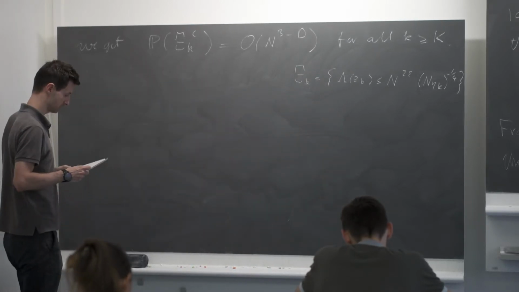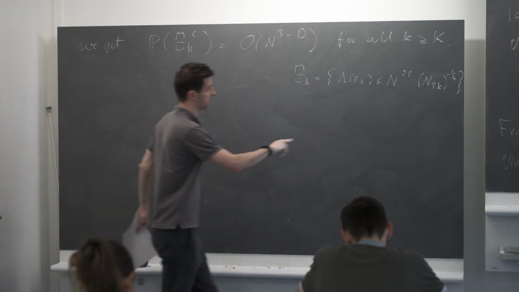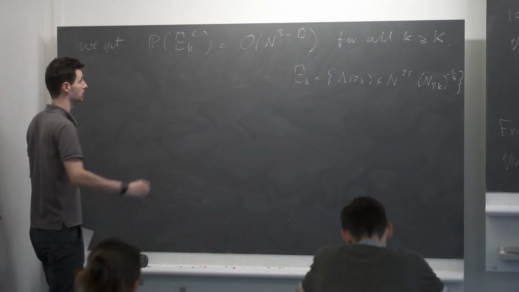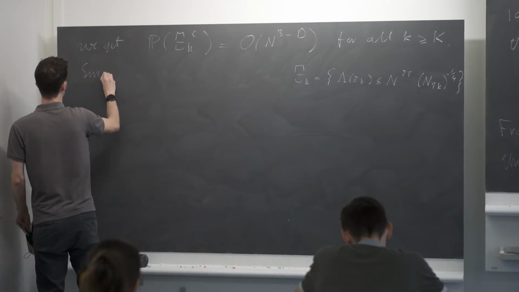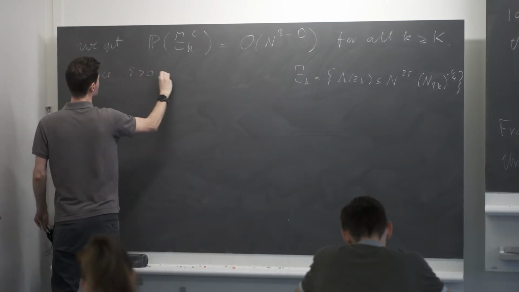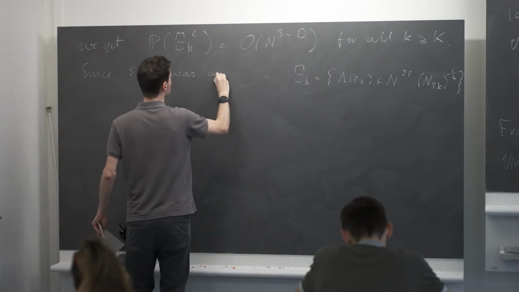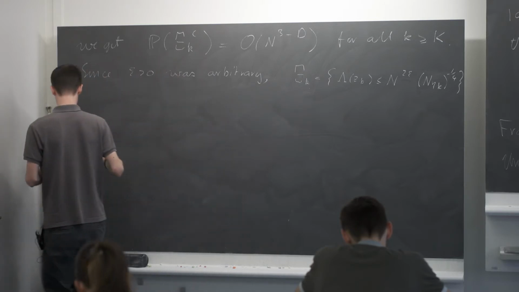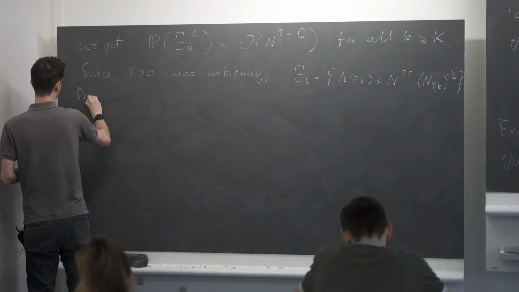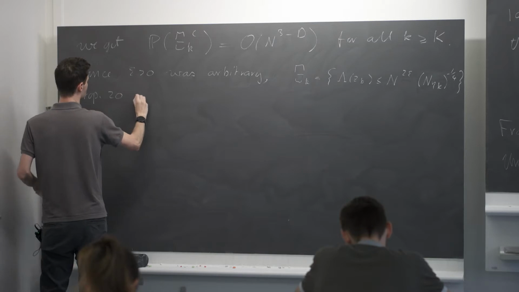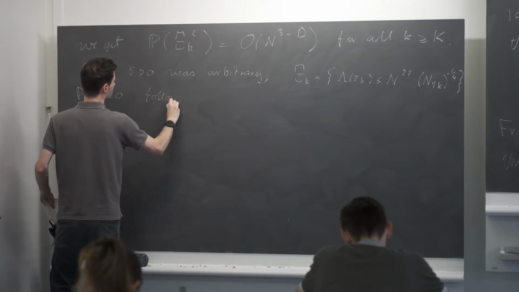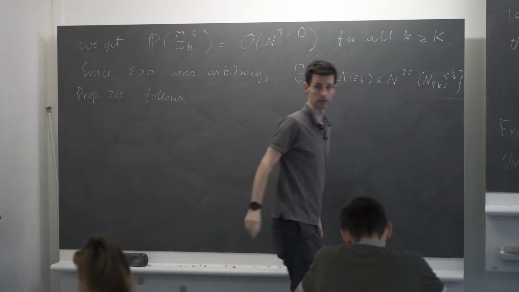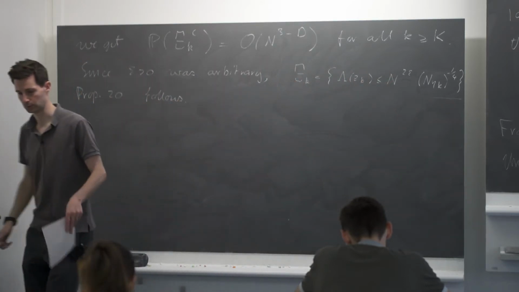And that was precisely proposition 20. We have an epsilon here, which was arbitrary, and that's precisely the definition of the stochastic domination. So since proposition 20 follows, and that's the end of the proof of this proposition 20.